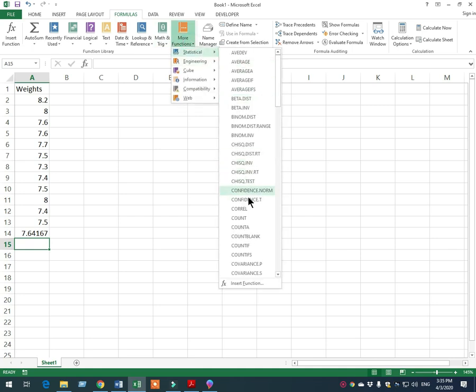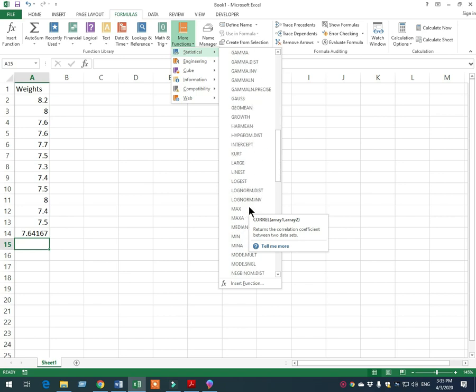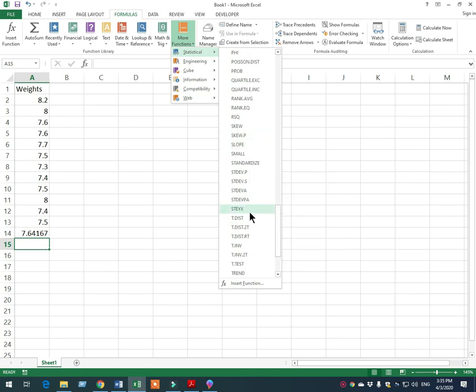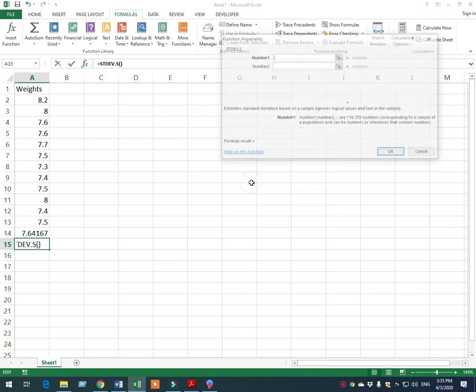So here we are going for the standard deviation of the sample.